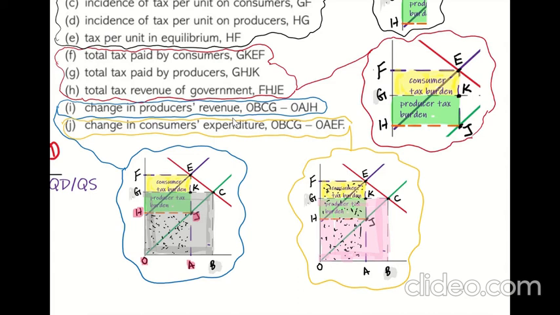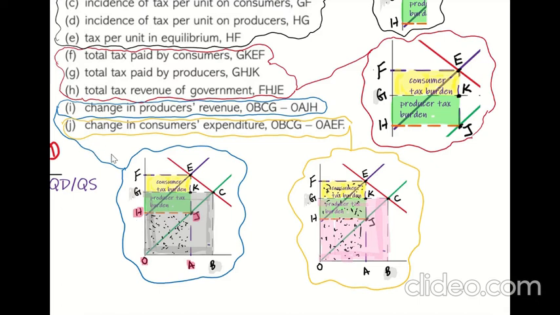When a tax is introduced, the producer's revenue would definitely drop. Initially, the producer revenue was 0, B, C, G. Due to the impact of taxation, now the revenue will only be 0, A, J and H.